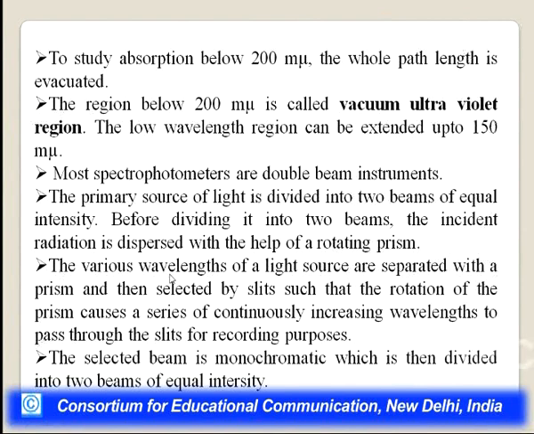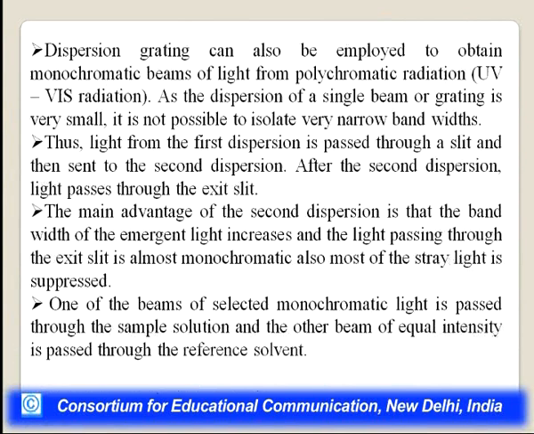The various wavelengths of a light source are separated with the prism and then selected by slits, such that the rotation of the prism causes a series of continuously increasing wavelengths to pass through the slits for recording purposes. The selected beam is now monochromatic, of a single wavelength, and is then divided into two beams of equal intensity.